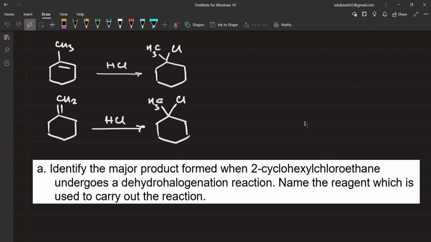Identify the major product formed when 2-cyclohexylchloroethane undergoes dehydrohalogenation reaction. Name the reagent which is used to carry out this reaction.